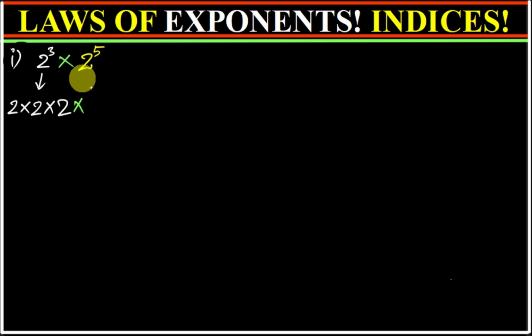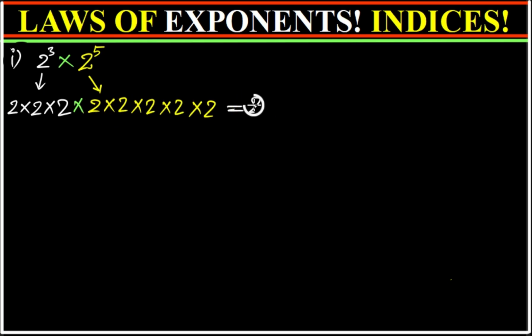this 2 is multiplied repeatedly 5 times. So 2 times 2 times 2 times 2 times 2. 1, 2, 3, 4, 5 times. Now we can see here this is 1, 2, 3, 4, 5, 6, 7, 8 times.